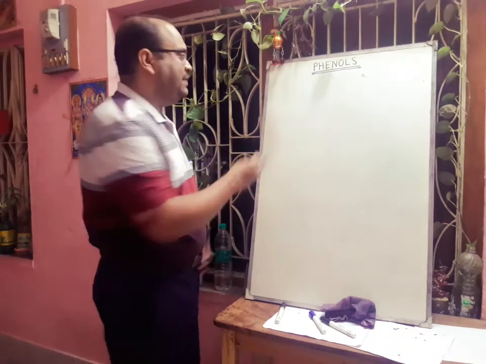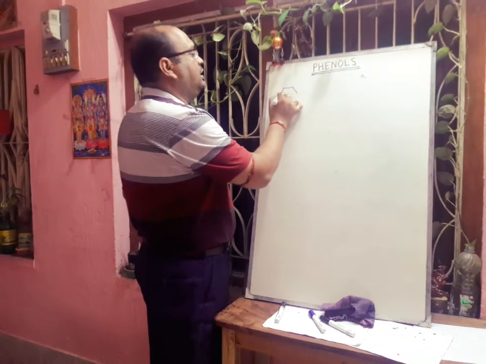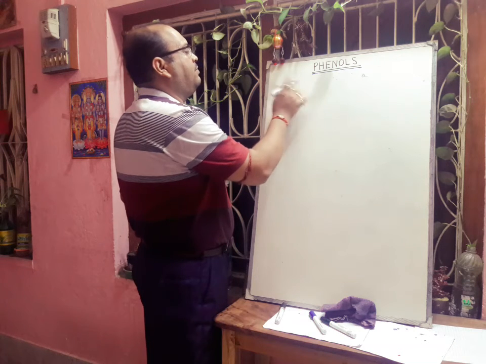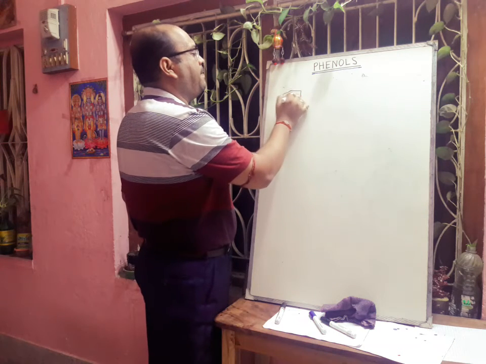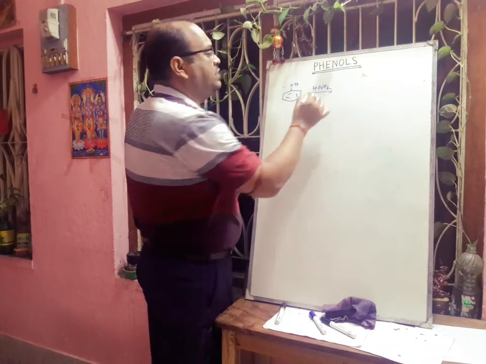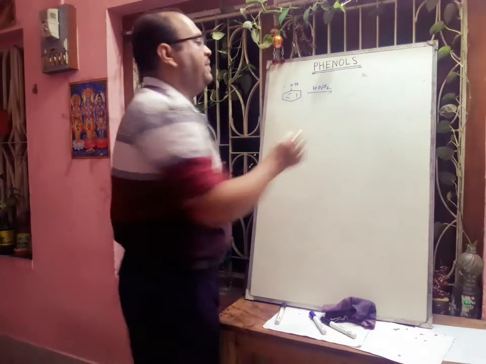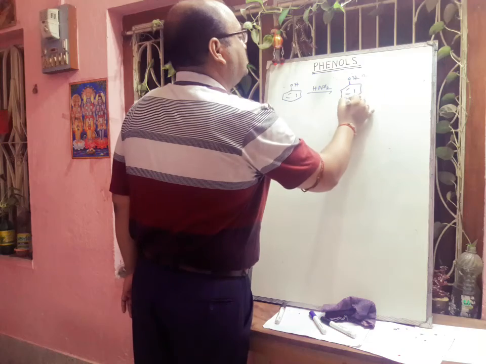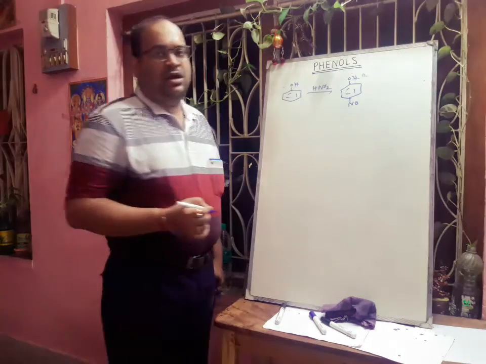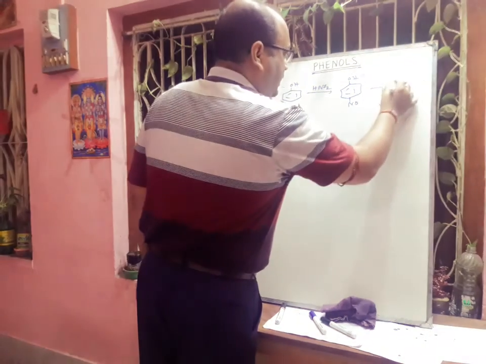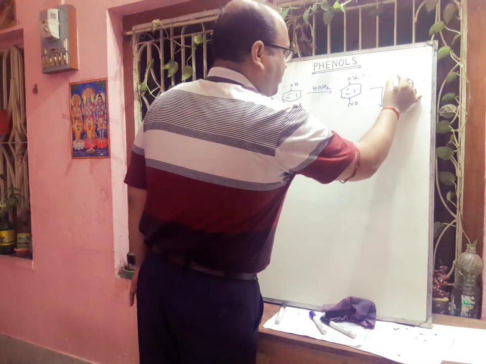So here what is happening, phenol is first reacting with nitrous acid, HNO2. So definitely it will produce para-nitrosophenol, that we have already discussed. Now with this para-nitrosophenol, phenol will react in acidic condition, means H2SO4 again.